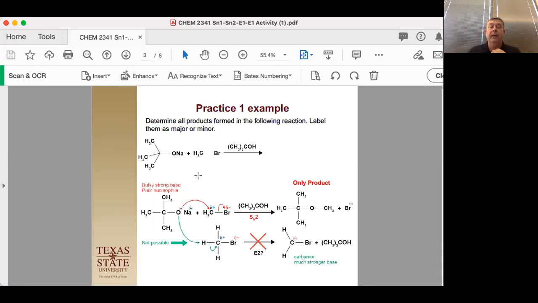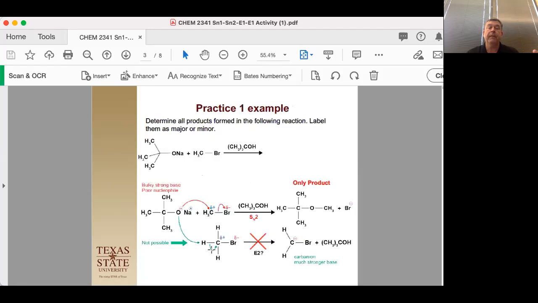What I want it to look like is, when you draw it out, this actually has all those steps there. We drew our anions. If it acted as a nucleophile, we have one set of products. If it acts as a base, it gives another set of products. And then you can tell which one does or does not go.